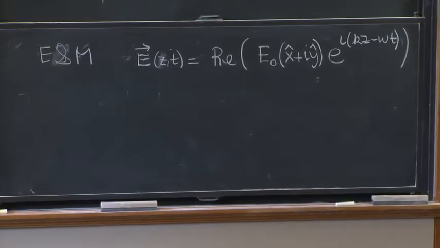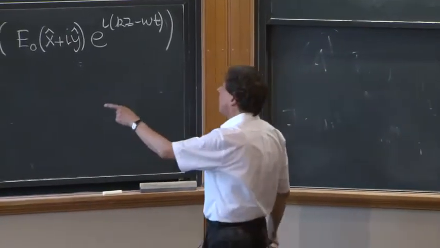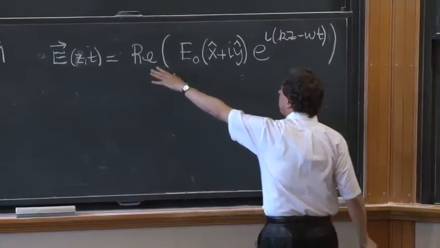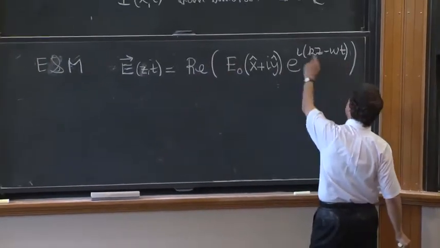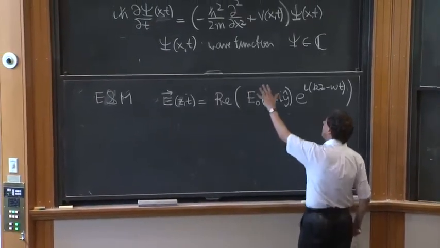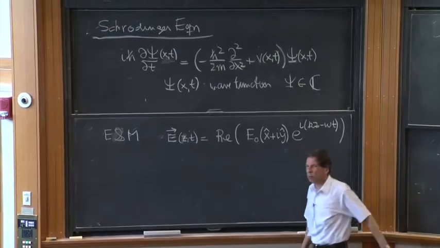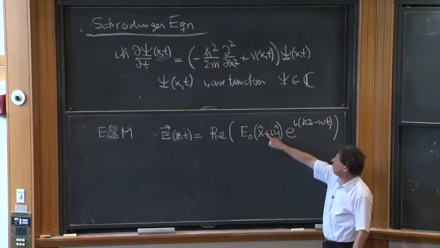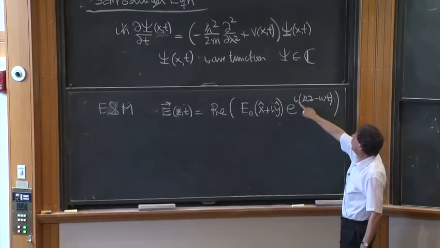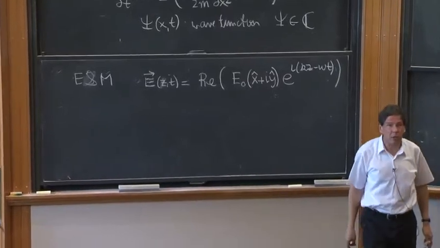And Maxwell's equations are real equations. This is a circularly polarized wave, and by the time you take the real part of this, all these complex numbers play absolutely no role. It's just a neat way of writing a complicated electric field in which the x component and the y component are out of phase, and that you have a wave at the same time propagating in the z direction.